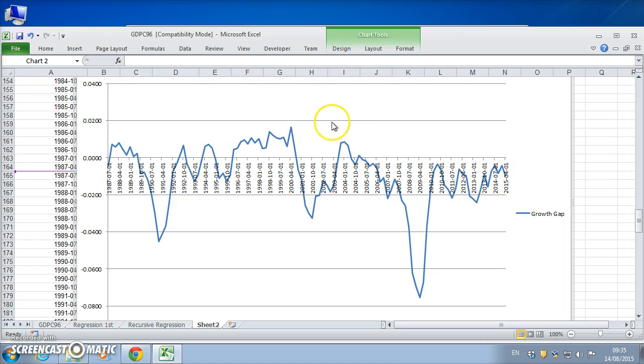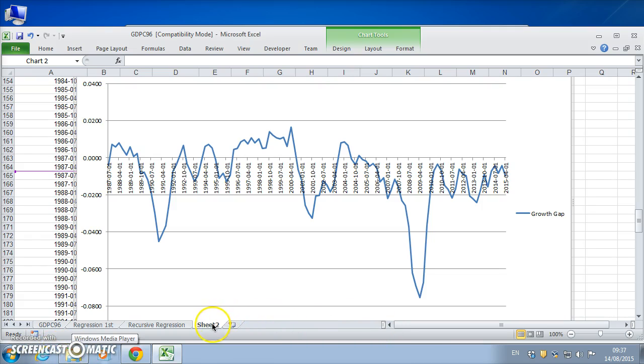So if you like, the level of output, the level of growth in GDP has trailed the historical trend, and this is extremely noticeable during the 2007 period.